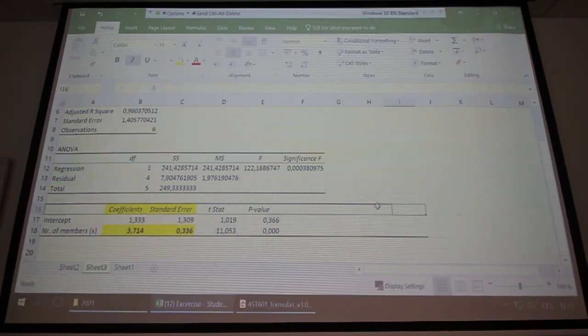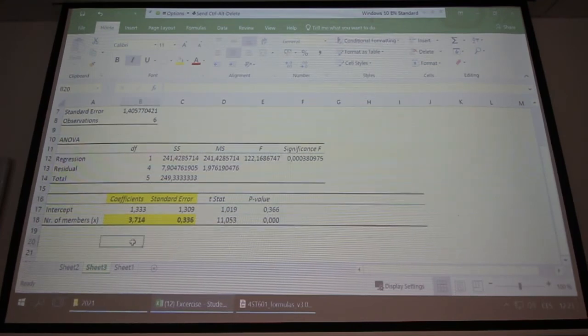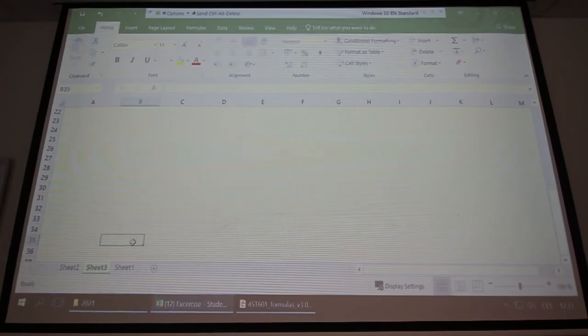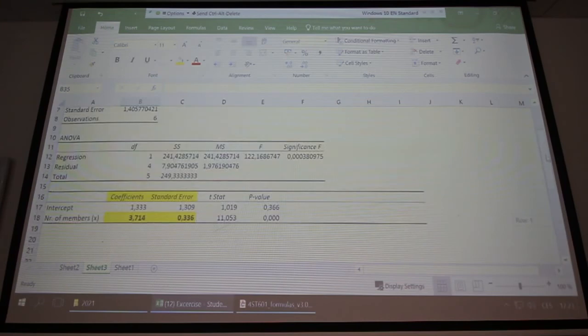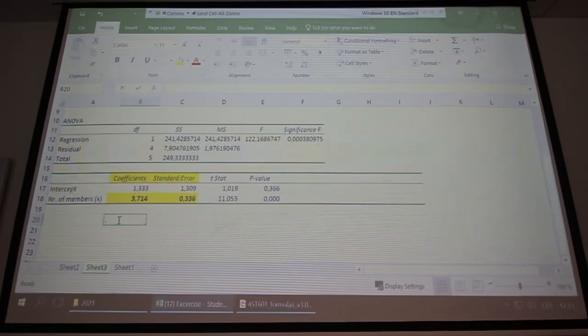We had a regression line. I will write it here for you. So recapitulation: y is equal to intercept 1.333 plus 3.714 x.